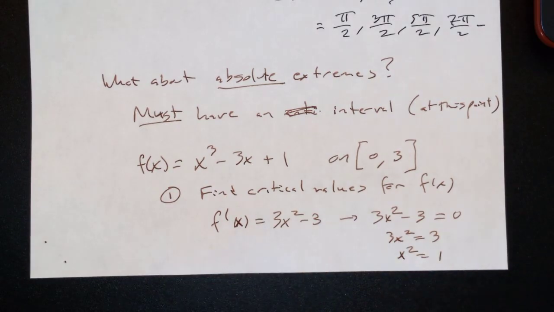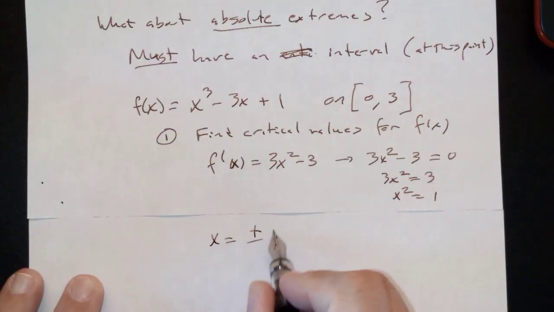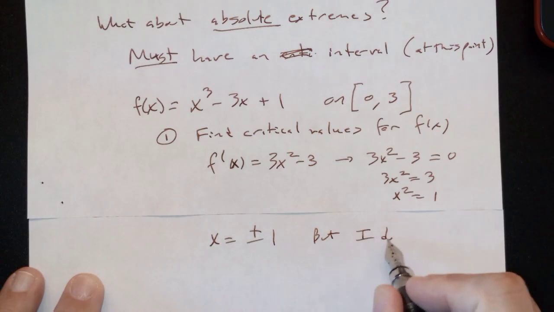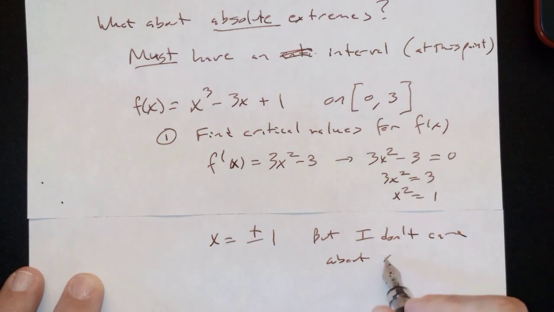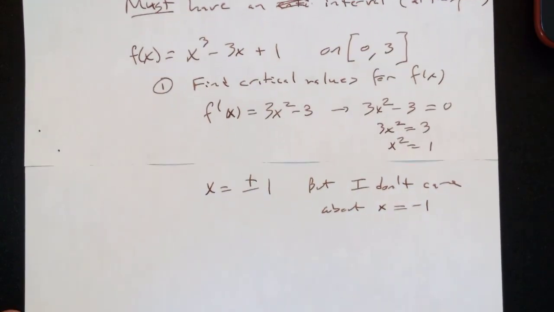And I get x squared equals 1, which gives me two critical values. But why am I being heartless and cruel to x equals -1? Bing. I only care about the numbers between 0 and 3. -1's out of here.